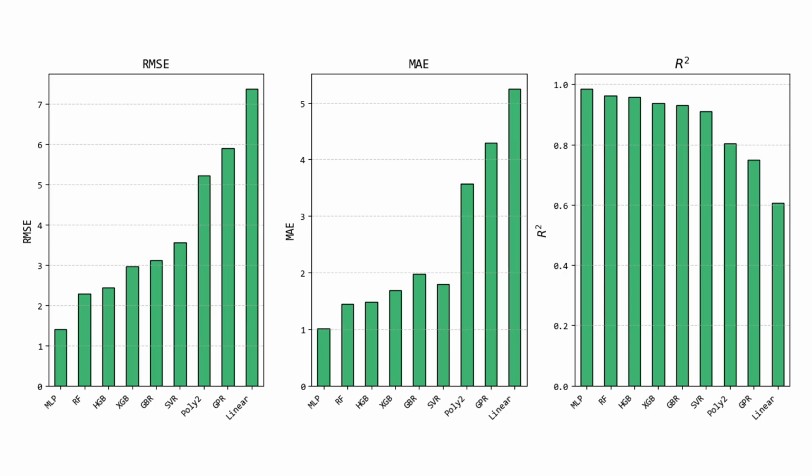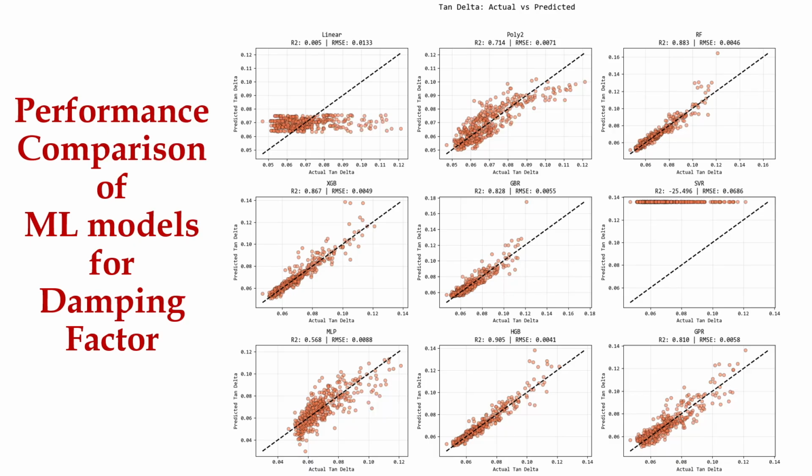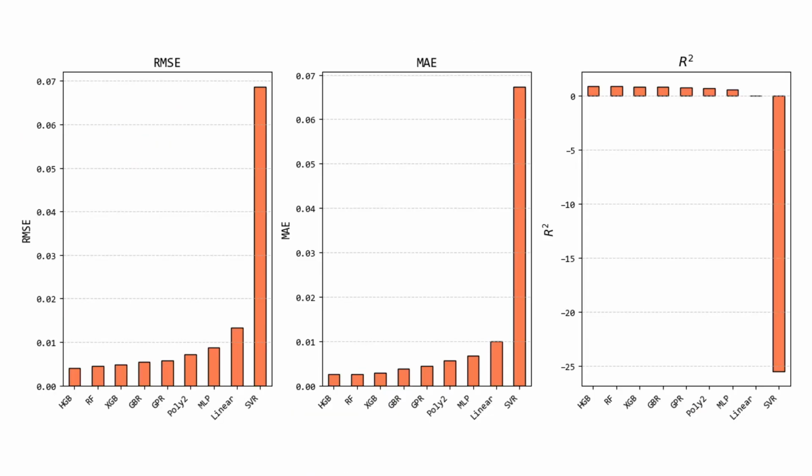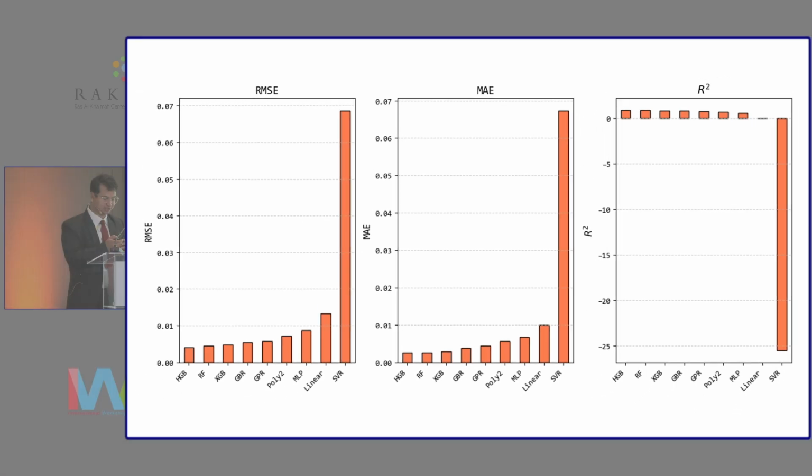So this is the performance for loss modulus. MLP, multi-layer perceptron, was giving the highest efficiency. For damping factor, the case was a bit reversed. I got HGB, which gave me the highest R square value. Basically, this is a histogram-based gradient boost regressor.